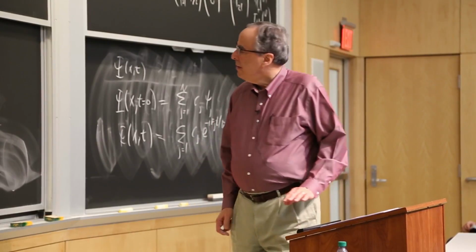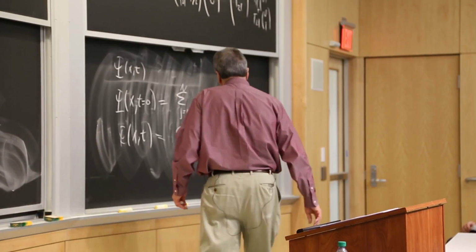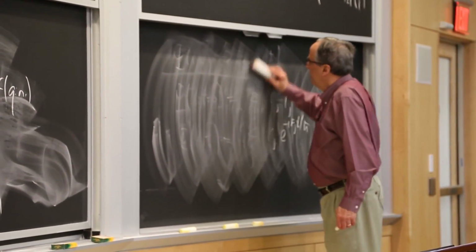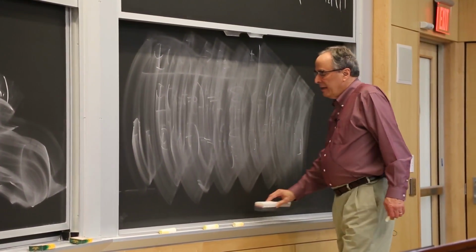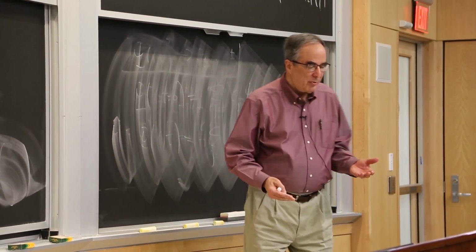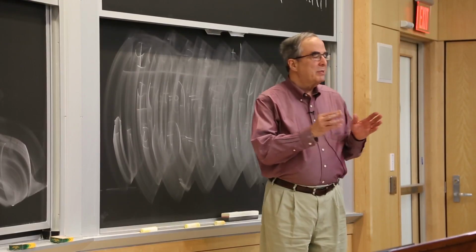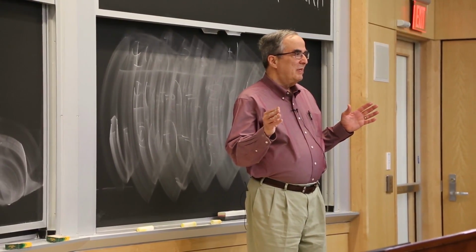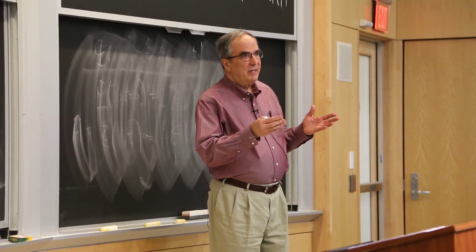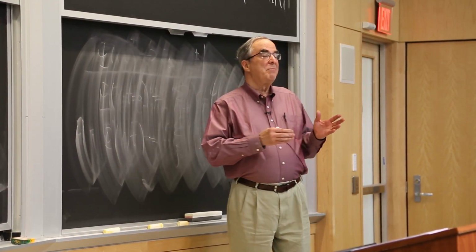Well, I don't have time to talk about this in any detail, but if we look at the eigenfunctions or eigenvectors for the two-level problem, and we do power series expansions in theta, which theta is V over D. Theta is also called the mixing angle.